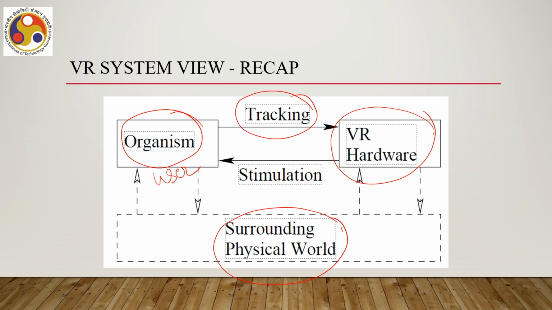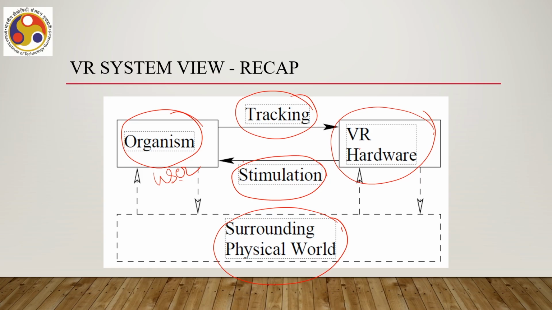Tracking and stimulation happen between the user and the hardware, whereas there are bidirectional data flows between the VR hardware and the surrounding world, as well as the organism and the surrounding world. Of primary concern to us in our current discussion is the data flow between the user and the VR hardware.